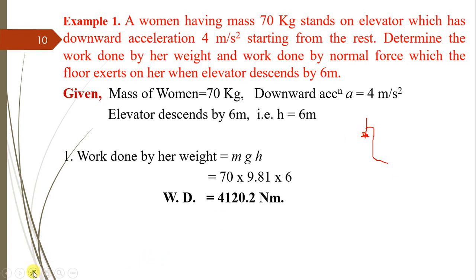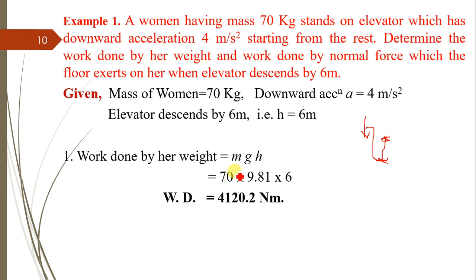The force is acting vertically downward, and the acceleration is also downward, which means the displacement of the woman is also downward. So we use the formula of work done due to gravity force, as she moves from a higher to a lower elevation.